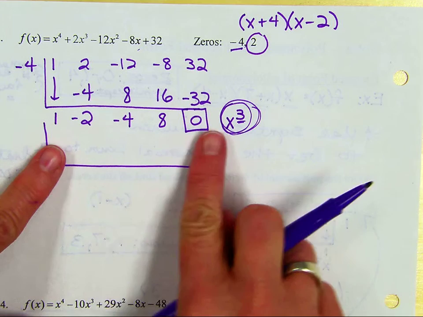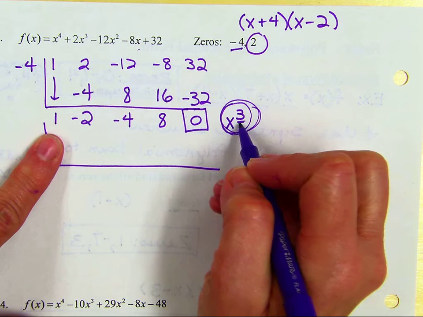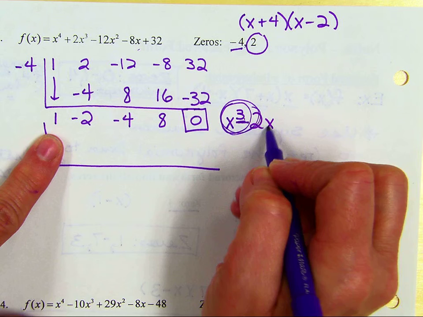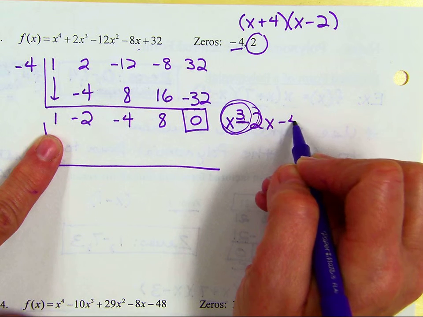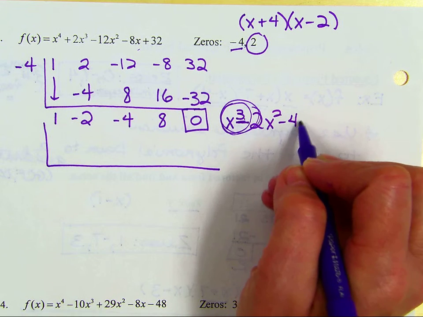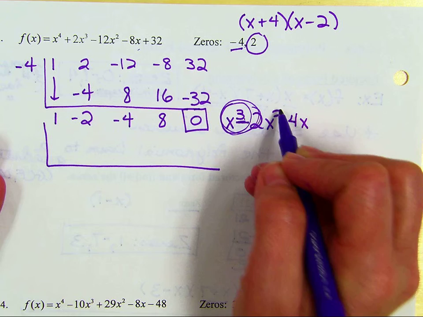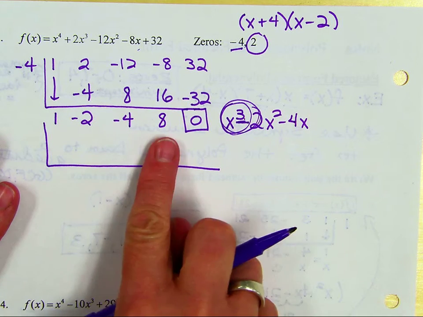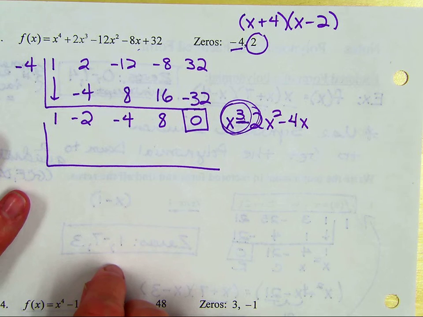If I was going to write it out, this would be x cubed minus 2x squared minus 4x. But that's what we already have here, so we're not going to worry about it.